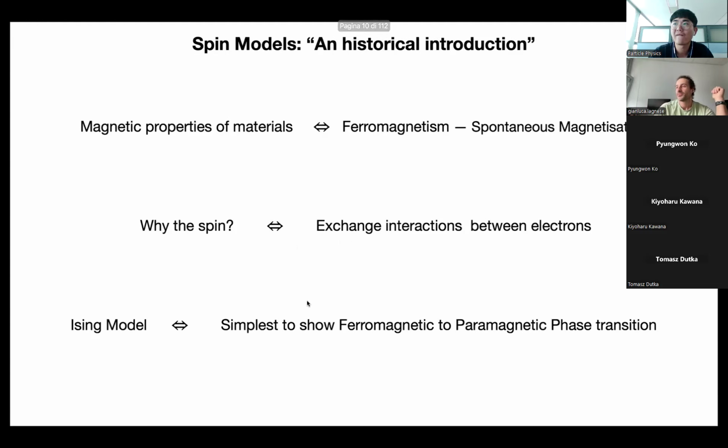And then one of the simplest generalizations of possible models that we can draw out of this exchange interaction based spin models is the Ising model, which was extremely successful because it's the simplest model that can show this phase transition from ferromagnetic to paramagnetic.